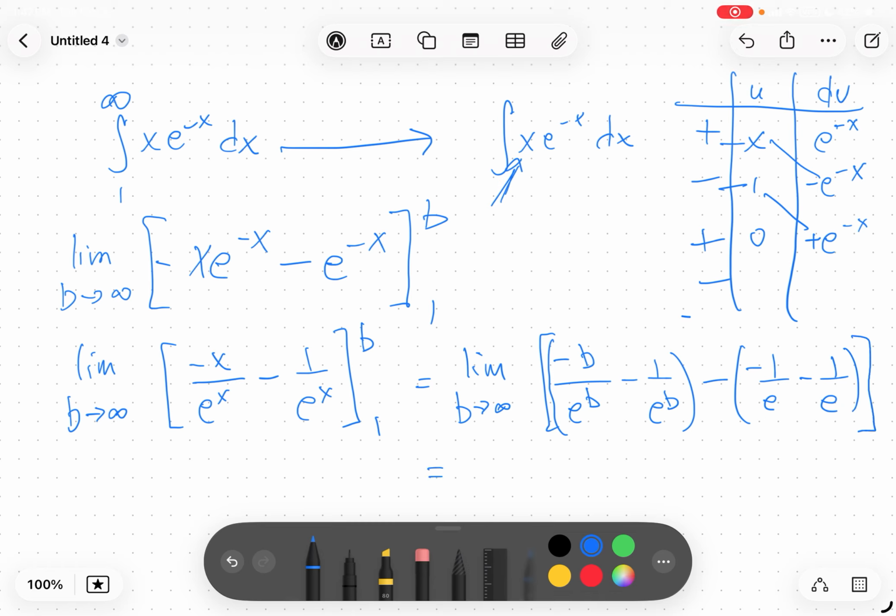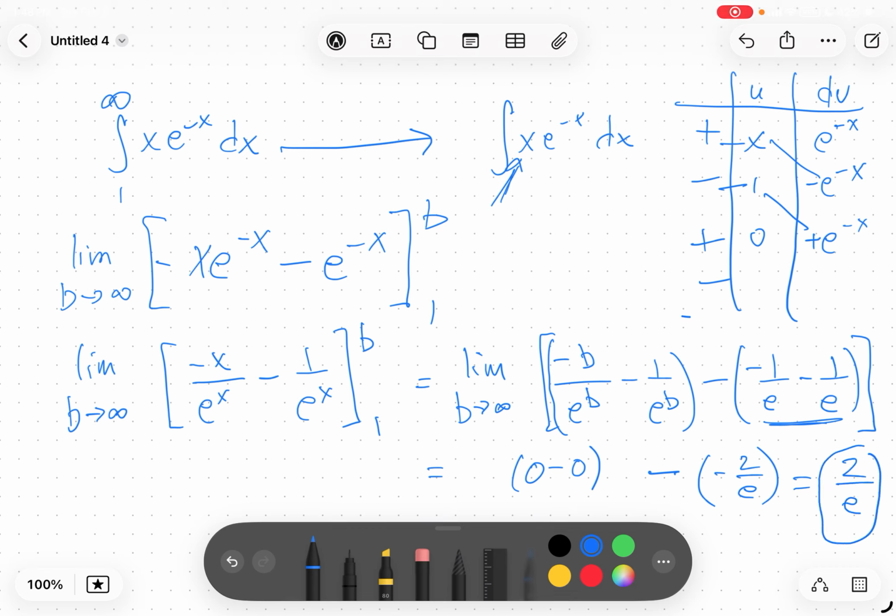It should be pretty clear that as b approaches infinity, the top of this fraction is going to grow way slower than the bottom. So the limit of both of these expressions as b approaches infinity is 0. So we're going to have 0 minus 0, and then combining terms here, we get negative 2 over e. Subtracting that, it should be positive 2 over e.